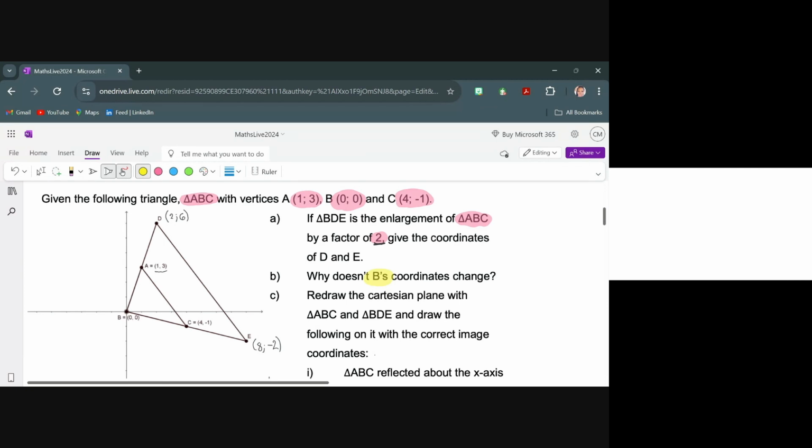It has something to do with similar triangles.